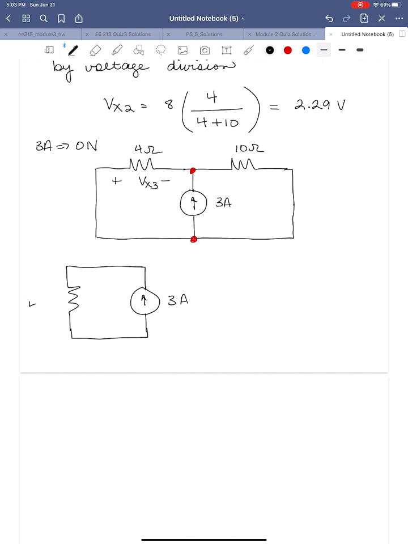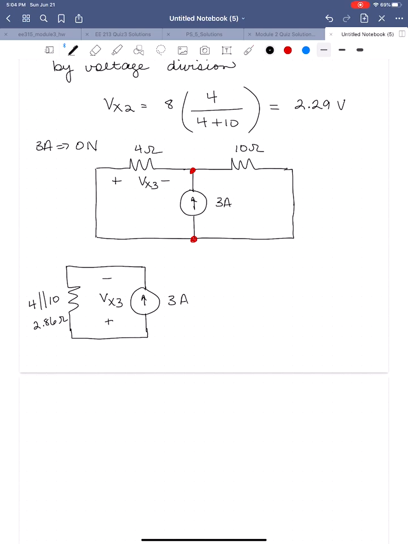This equivalent resistance is 4 in parallel with 10, which is 2.86 ohms, 40 over 14. And here is our voltage drop, Vx3. Note that the negative terminal of Vx3 is at this node, the node that's at the head end of the arrow, and then the plus terminal is at the tail end of the current arrow. All right, so that's how we know we've got the voltage labeled correctly.